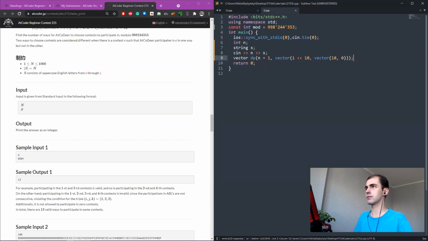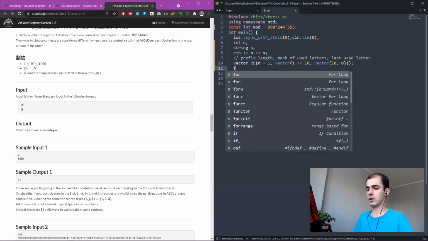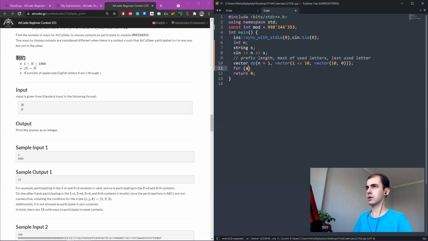Okay, those params are prefix length, mask of used letters, last used letter. What we do is we loop over from that to that.